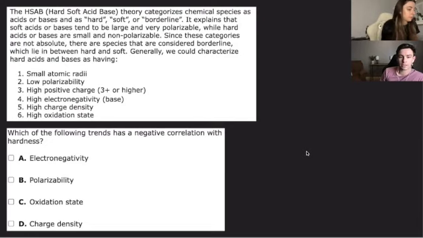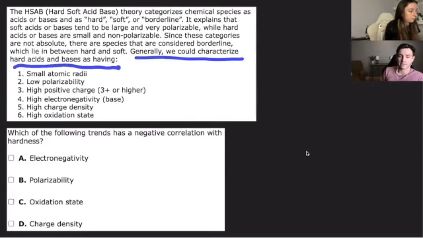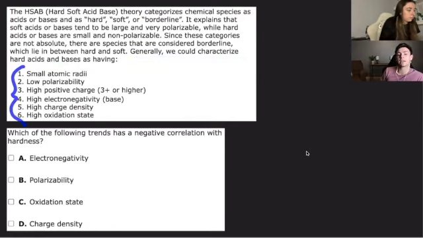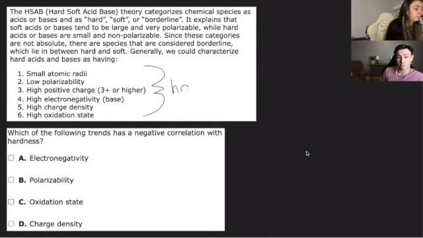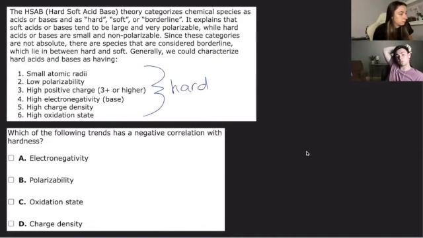At the end of that giant paragraph, it says we would characterize hard acids and bases as having a list of properties. If you fit in that list, you're hard. So hardness is that list to me. Now my question is, which of these has a negative correlation with the list?